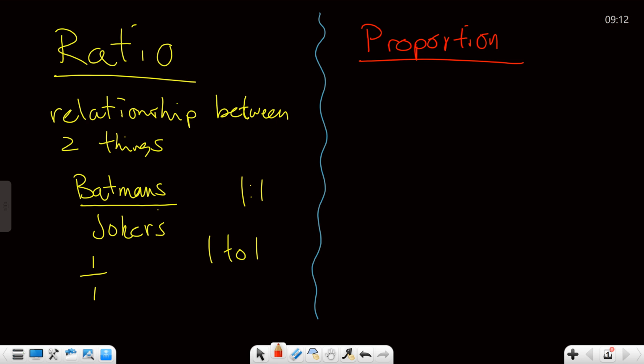So, Ani, what do you think? Can you give me an example of a proportion or something that's proportional? Like a fraction or something.